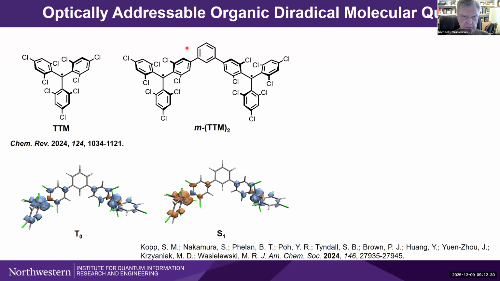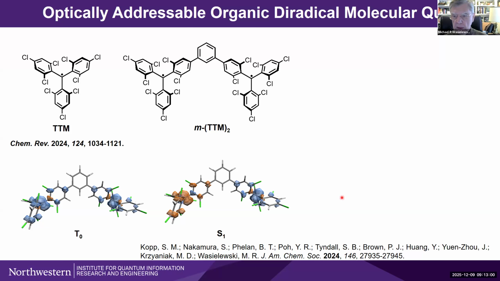We attach these things to the meta positions of benzene. This is done fairly easily using palladium catalyzed cross-coupling chemistry, which I won't get into. It's fairly straightforward. And we work very closely with Joel Yuan-Zhou's group at UC San Diego to look at the theory aspects of this problem and how we can optimize the system using guidance from theory. He was able to calculate the various states of this molecule.